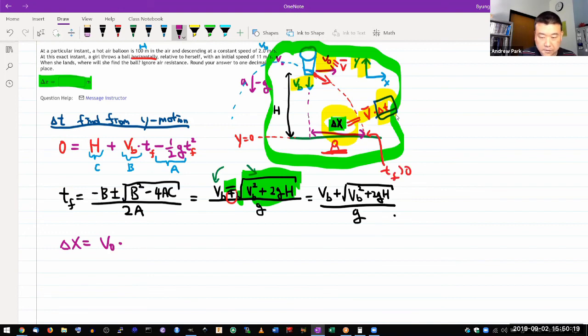Well, I guess I'll write it out in two separate terms. V naught times VB divided by g plus V naught times square root of VB squared plus 2gh over g. And looking at it, okay, so it's not really going to simplify.